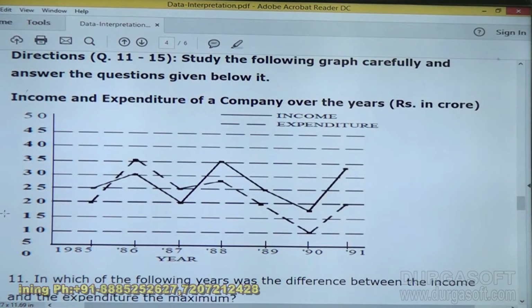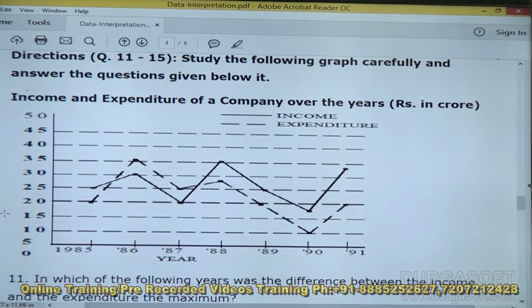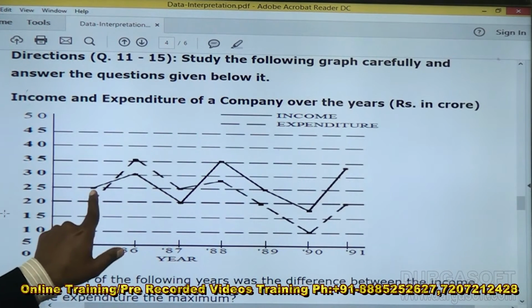So they have given the income and expenditure of 7 years, 2, 3, 4, 5, 6 and 7. The line chart gives the income and expenditure for 1985 to 1991. In 1985, first I look at the incomes alone.